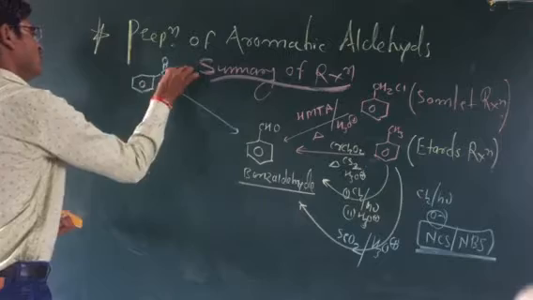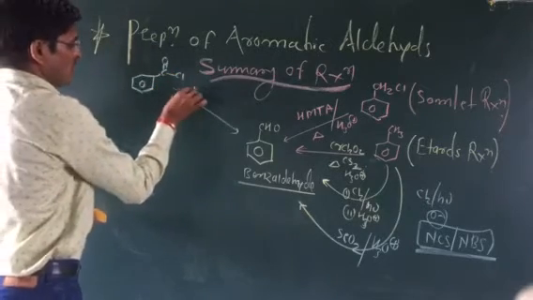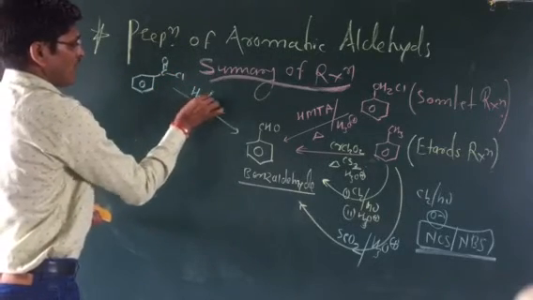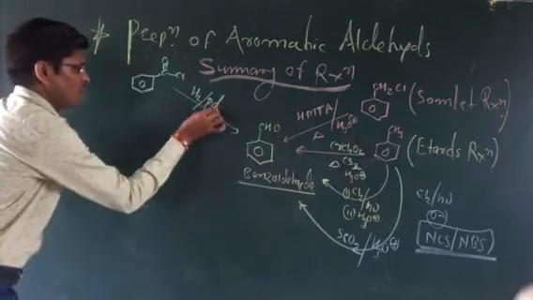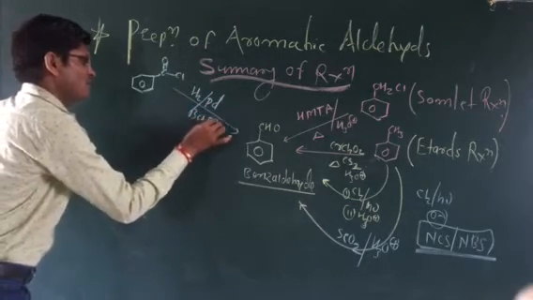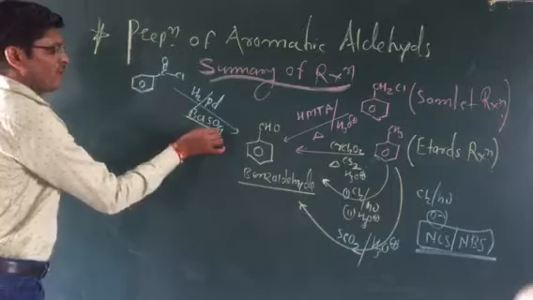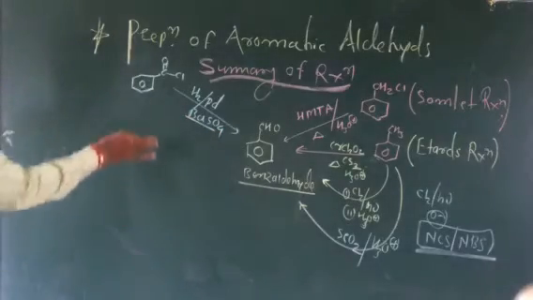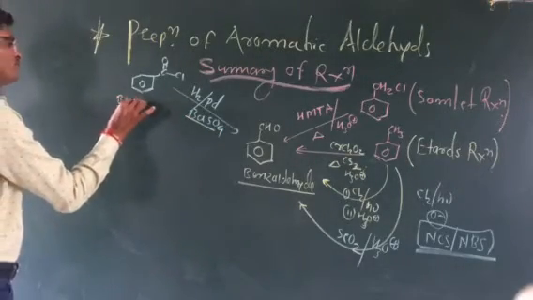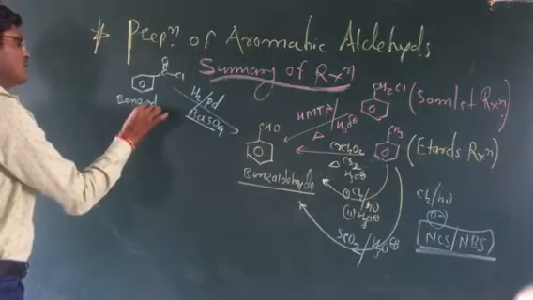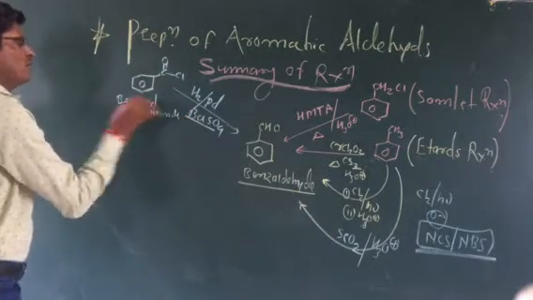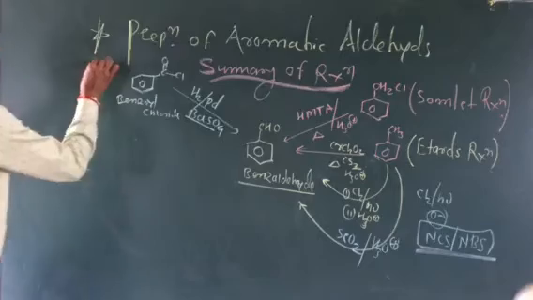Again, a preparation method of benzaldehyde starting from the reactant benzoyl chloride, C6H5COCl. This benzoyl chloride is reacted with H2, palladium and barium sulfate, BaSO4.